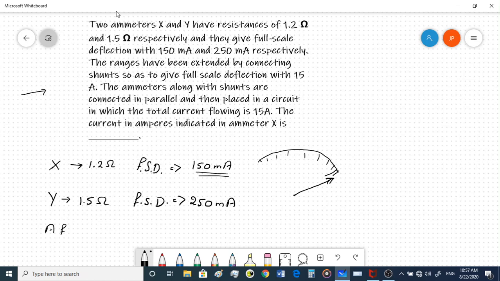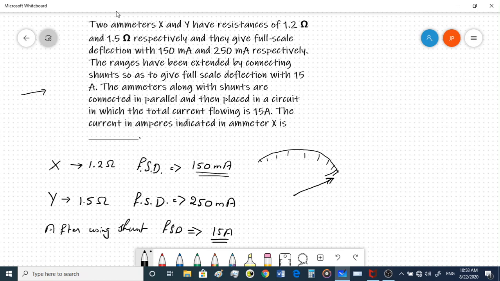So you can write it there. After using shunt, the FSD, full scale deflection, changes to 15 amperes, right? That is the new full scale deflection after using shunt resistances.